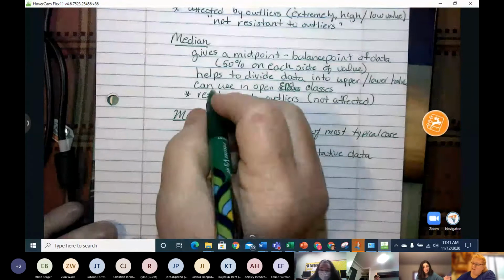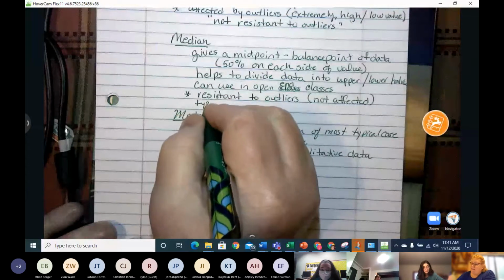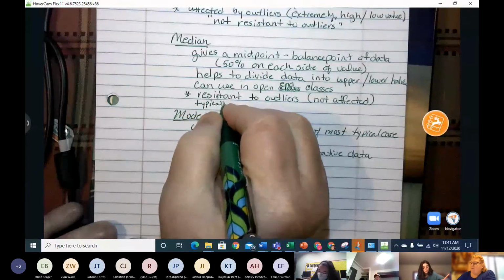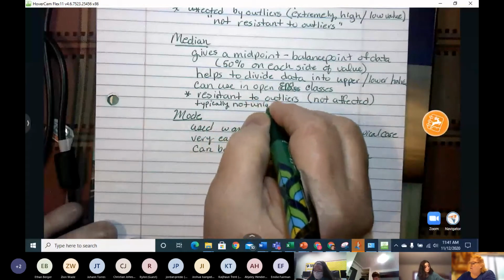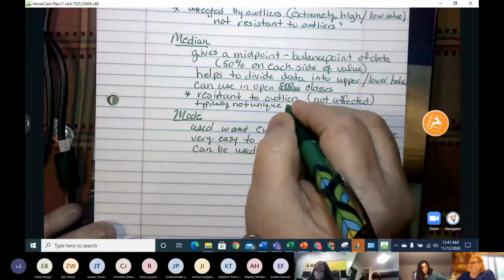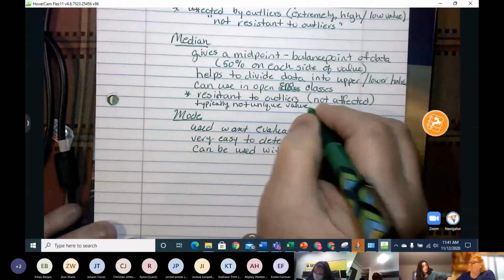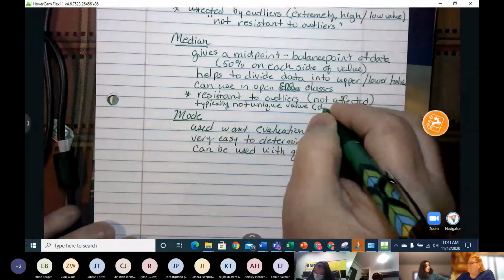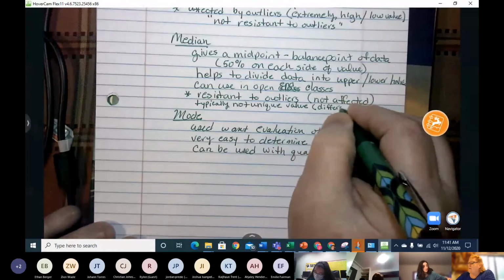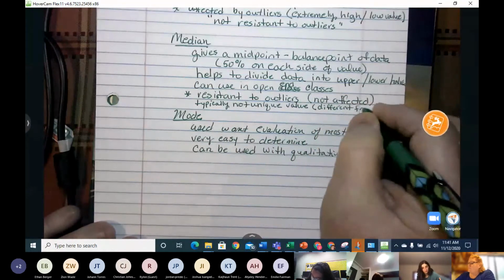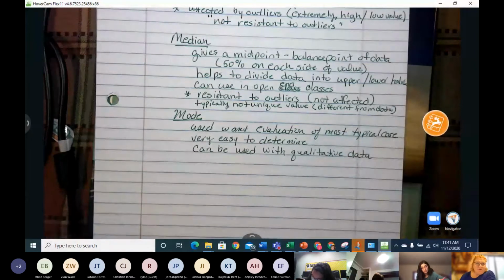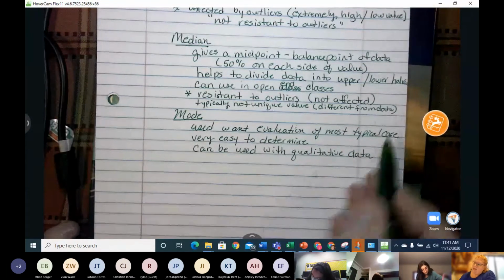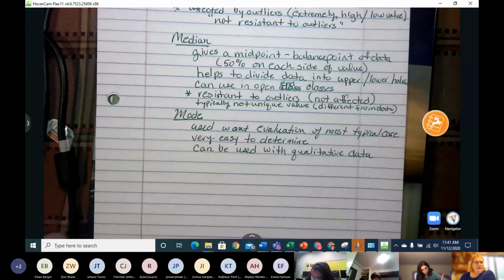I didn't say this above, but this is typically not a unique value. In other words, it's not different from the data. The only time it's really different is when it is an even number of data.